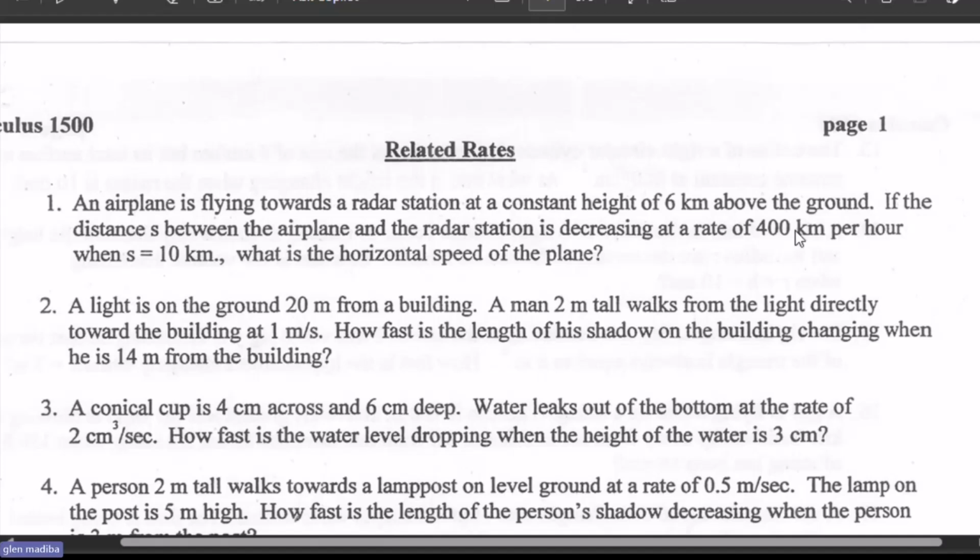So it is 20. Then the next thing, this man is 2 meters tall, and he walks from the light directly towards the building at 1 meter per second. All right.